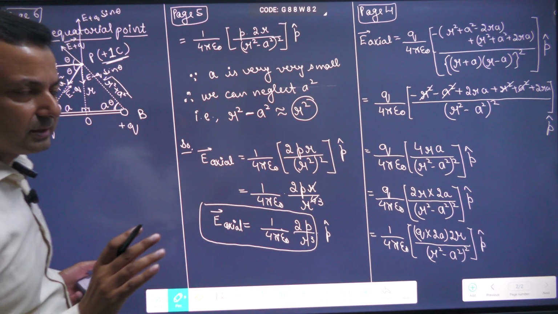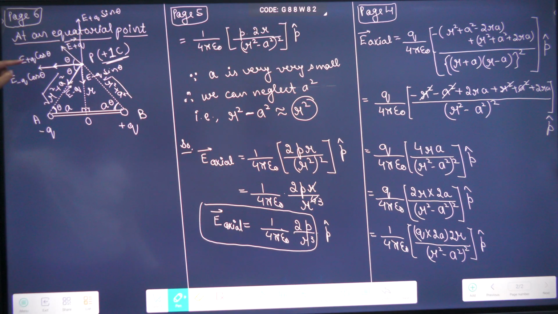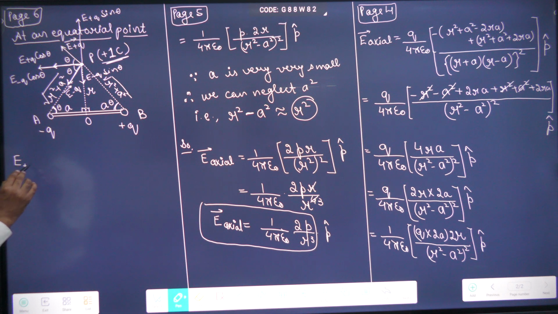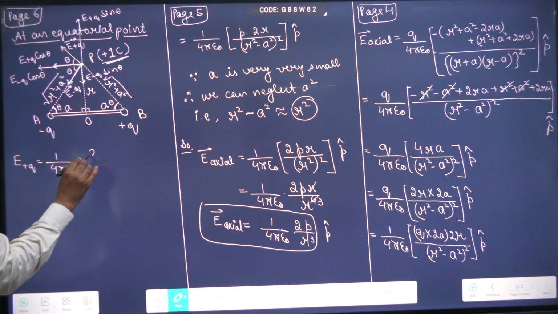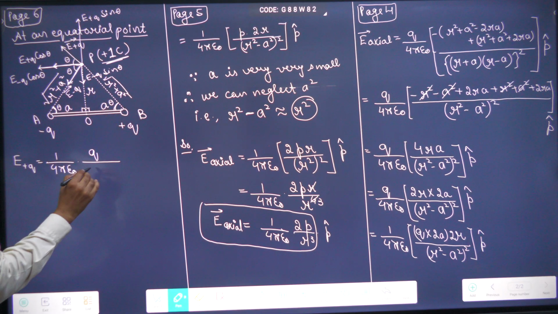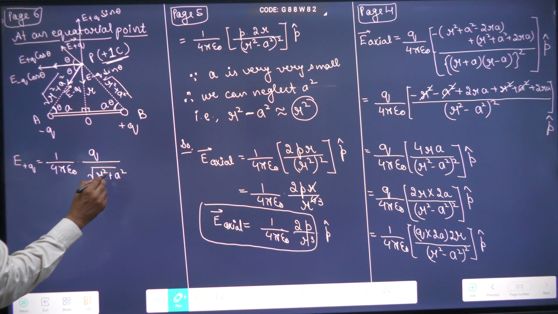Now, to calculate the net electric field, what we will do? We will add up all these components, E plus Q cos theta, E minus Q cos theta, E plus Q sine theta, E minus Q sine theta. First of all, calculate this. What is E plus Q? E plus Q is 1 upon 4 pi epsilon naught, charge is Q, upon this distance, under root r square plus a square.